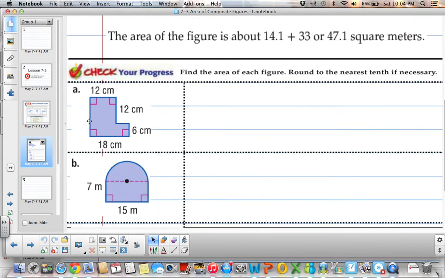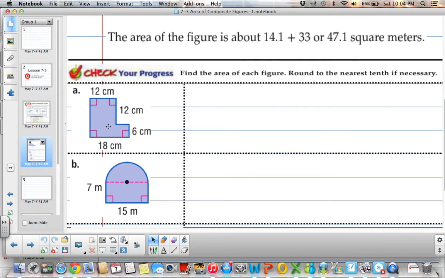Okay, so let's do this one together. So we have this shape, and right away I'm going to try to break this up as best as I can here. I can see that I have a rectangle and a square, even though this is not that straight of a line.